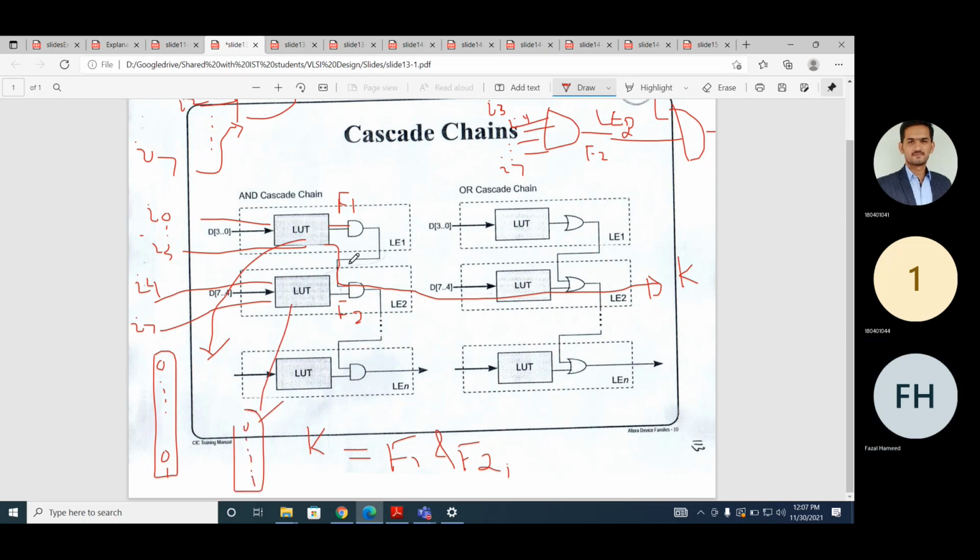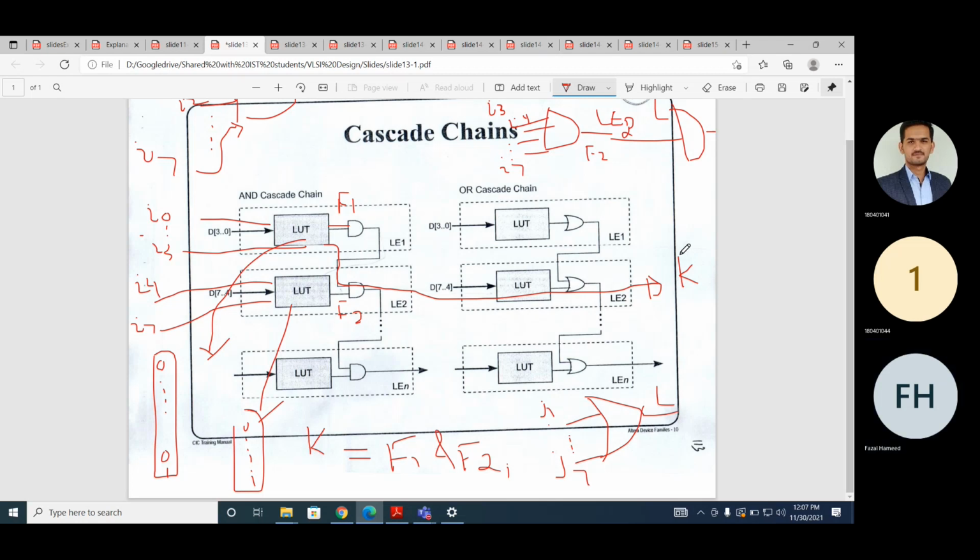Now if you want to implement a wider OR gate, let's assume inputs J0 to J7 and the output is L. Which cascade chain will we use?